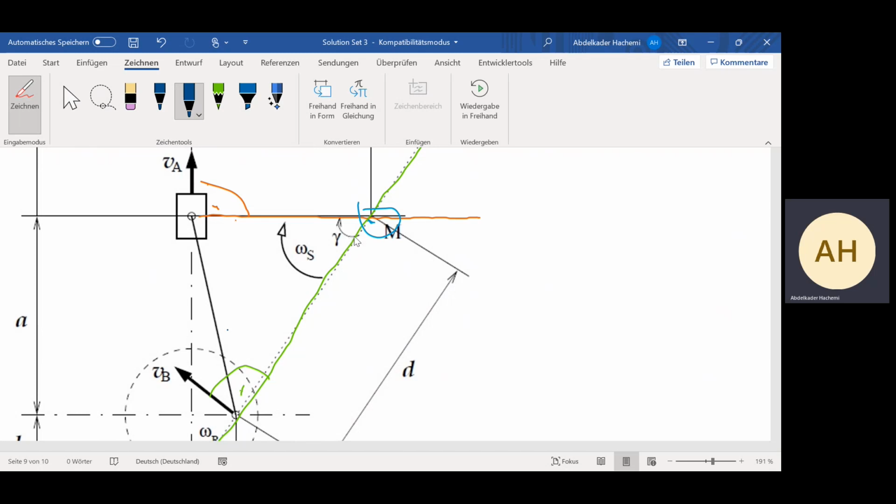In this case we can measure this gamma, we can measure this D, and we can measure the A.